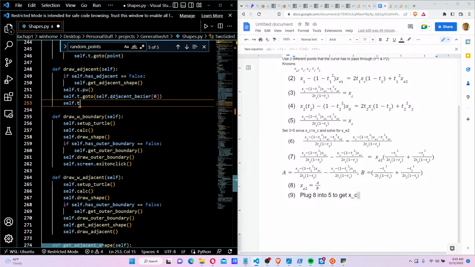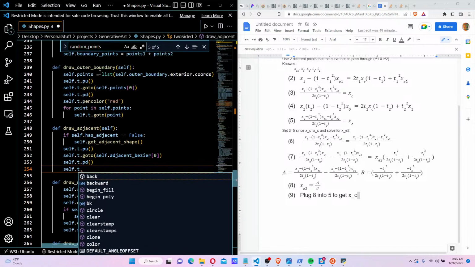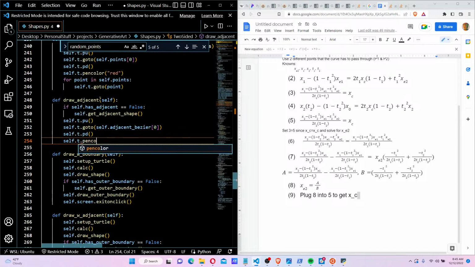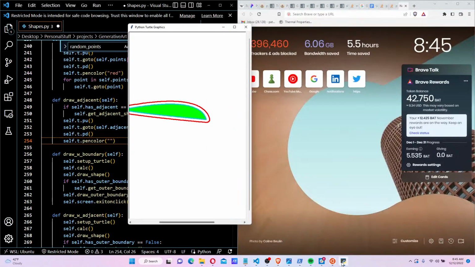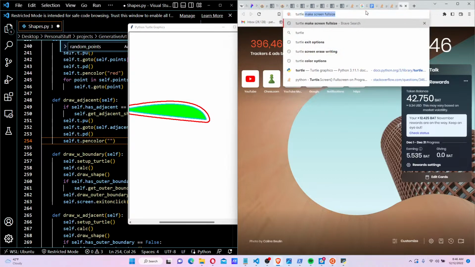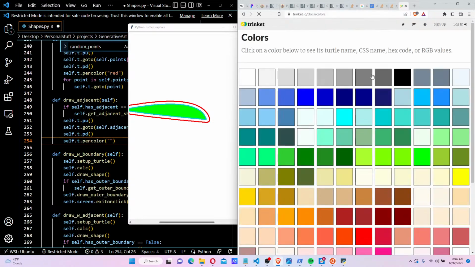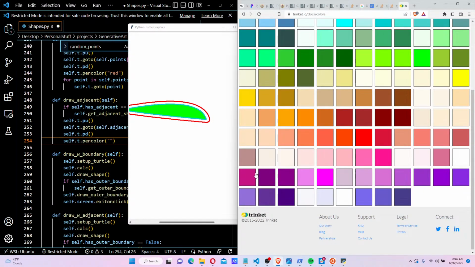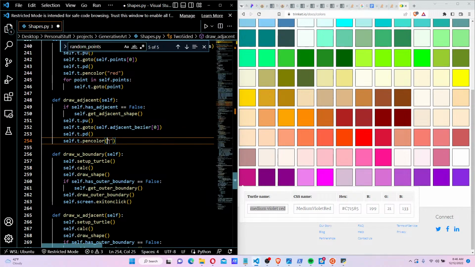Self.t dot put down, and then self.t dot pen color. I don't know what color I want this to be. Red, light blue, green. Maybe another blue, maybe purple or something. This should be good. Medium violet red. Okay.